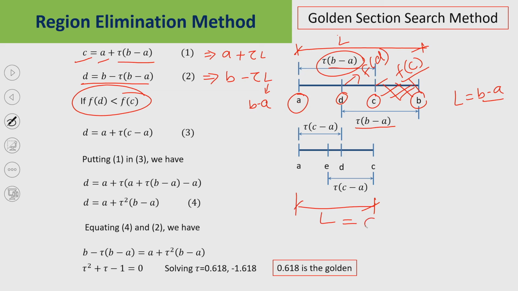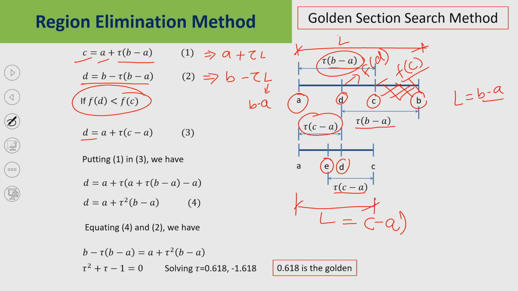L is nothing but now C minus A. So, this is C. Now, the earlier point that D will be now tau C minus A. Okay. So, this is tau C minus A, and I will take another point E, and that is tau C minus A from the right hand side. So, from C. So, now if this condition is true, now what is the value of D now?